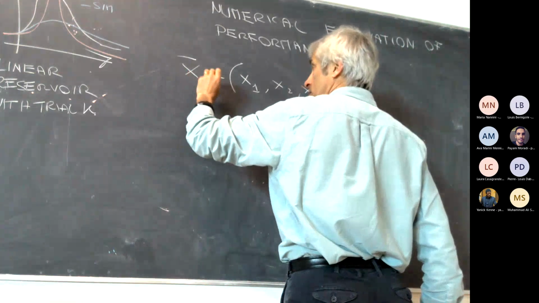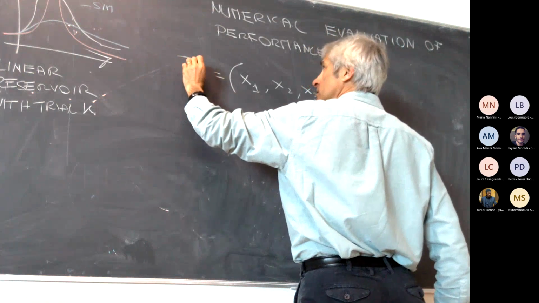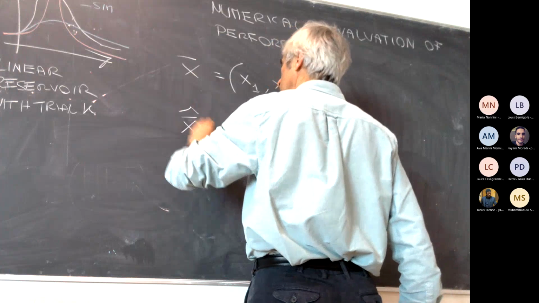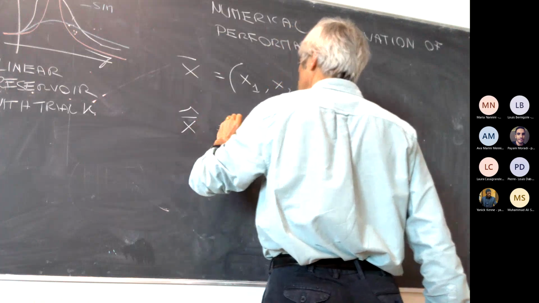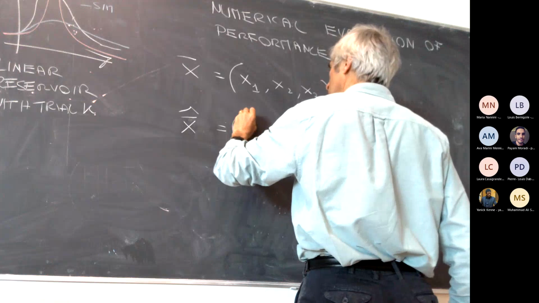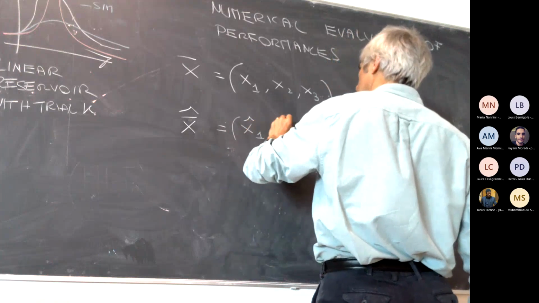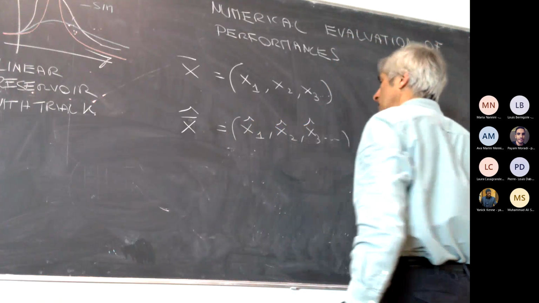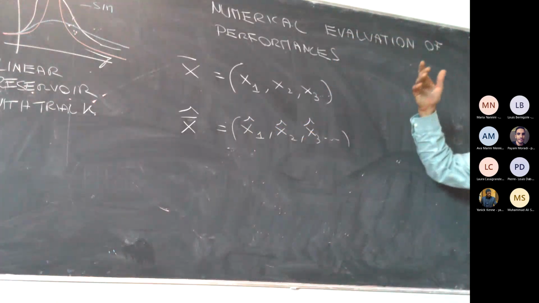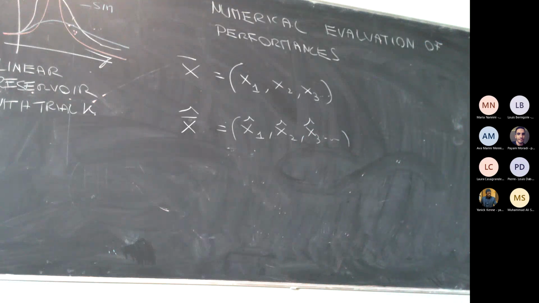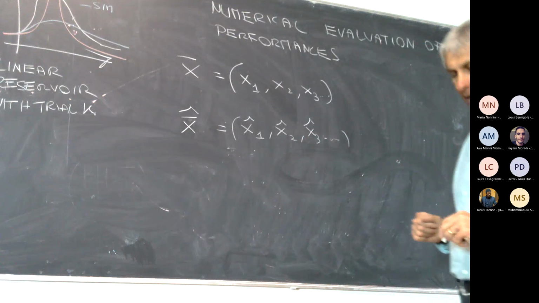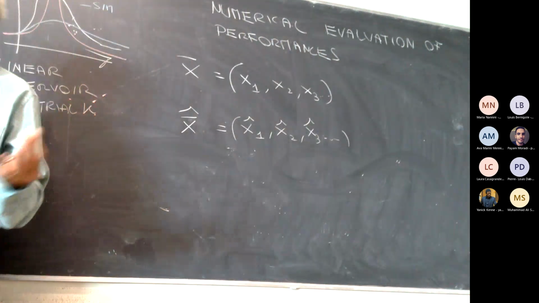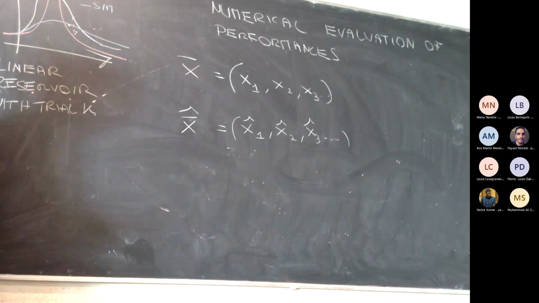And now we have a vector x hat, which is given by x hat 1, x hat 2, x hat 3, etc. And the vector can contain 1 million numbers. There is no limit. When you have computational resources like we have now, it's not a problem. You know that in R you can handle vectors with millions of numbers.